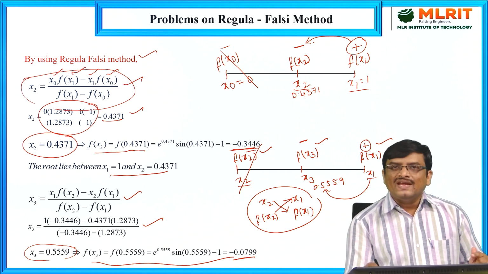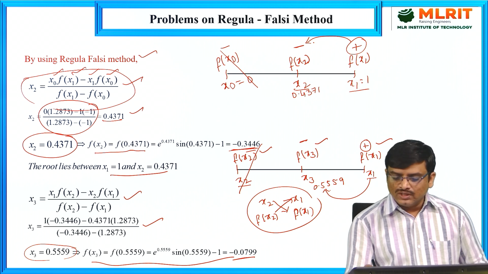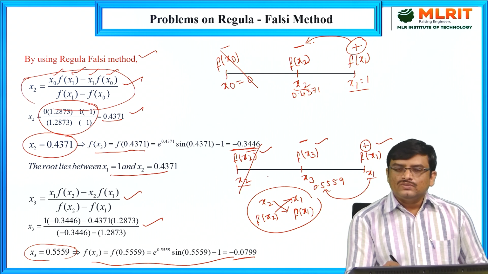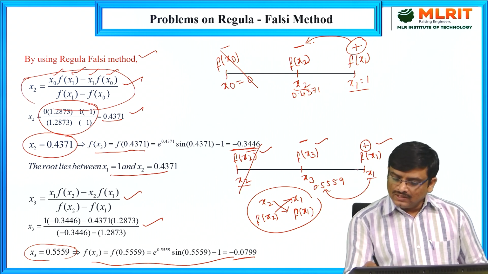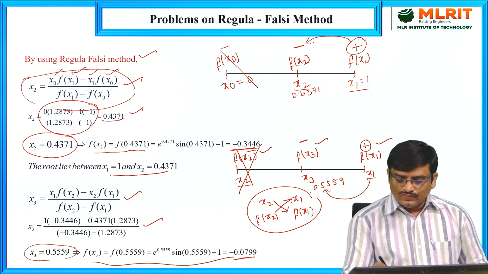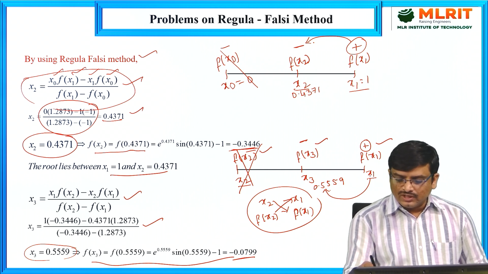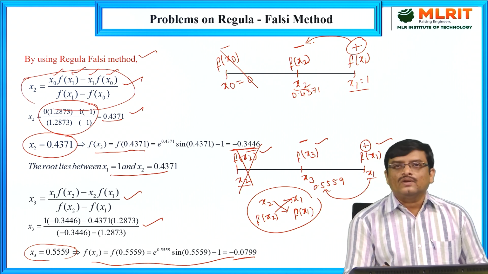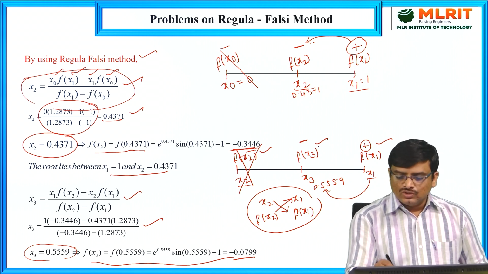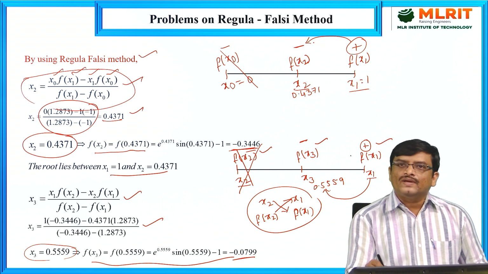So the sign which is not repeated, go to that sign. From that you identify the nearest value, either x3 or x2. So it is very clear that x3 is nearest to x1 compared to x2. So you cancel this x2, and for the next approximation you consider x1 and x3. Because we are having f of x3 is negative sign, f of x1 is positive sign. So for these two function values we are having opposite signs.